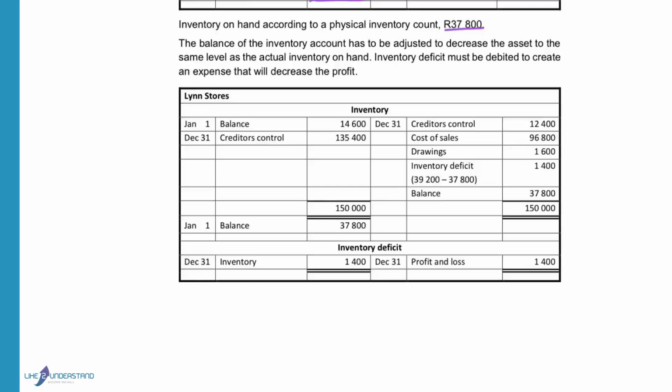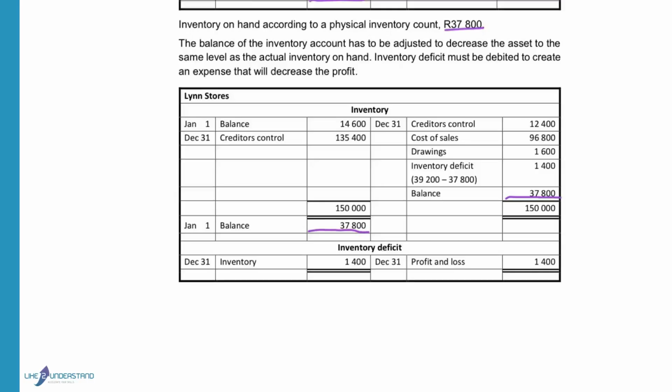Okay, if we look at this inventory account now again, according to the physical inventory count, the balance must be 37,800. So it means that we must reduce that balance to the new balance that we calculated with the physical inventory count. Now our ledger account will not balance because we reduce this balance.